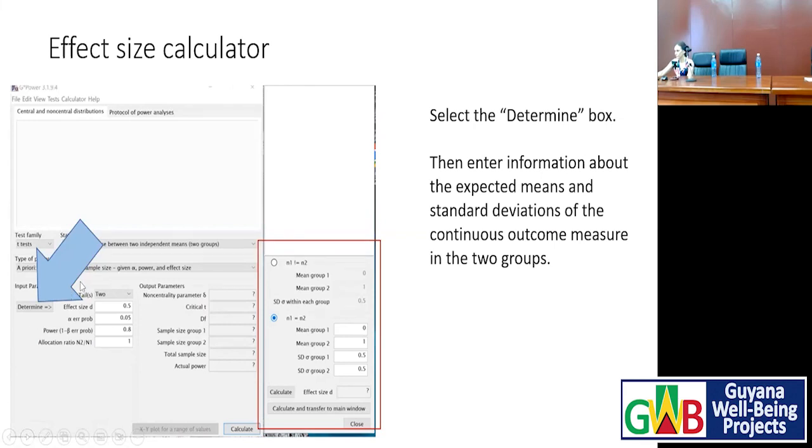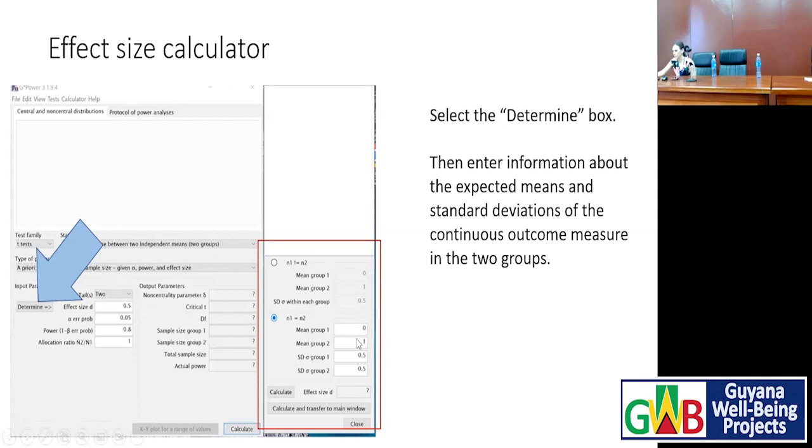You can do that by selecting this determine box, and then this dialog pops up. What one would have to enter in this dialog box is information about the expected mean and standard deviation of your continuous measure for your two different groups.